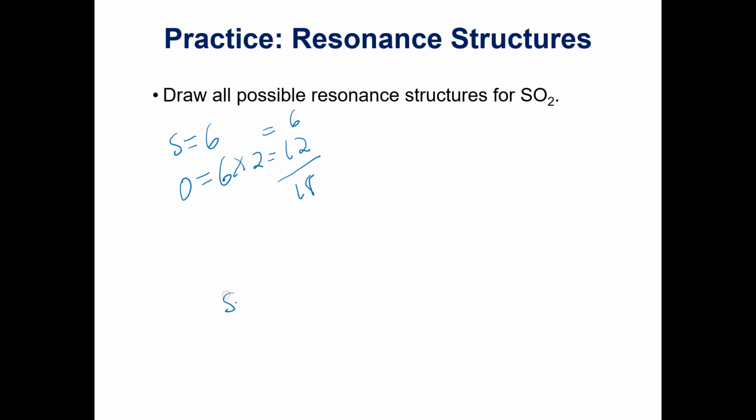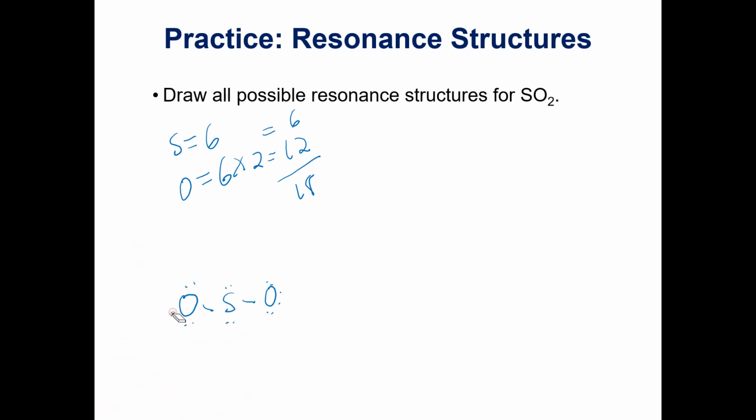So if I draw this, sulfur is further down, so that's going to be the less electronegative atom, which means I'm going to put my oxygens around it. And then I'm going to give everybody their octet. So if I count this up, I have 2, 4, 6, 8, 10, 12, 14, 16, 18, 20, which is too many electrons.